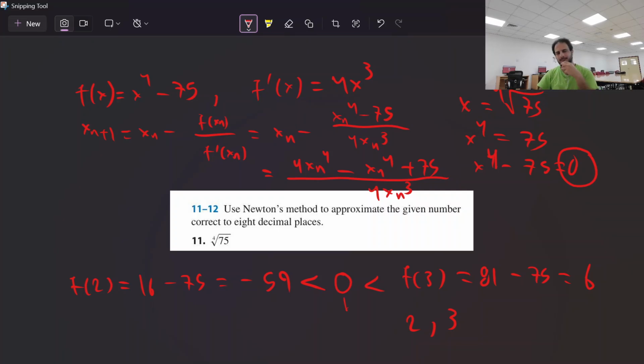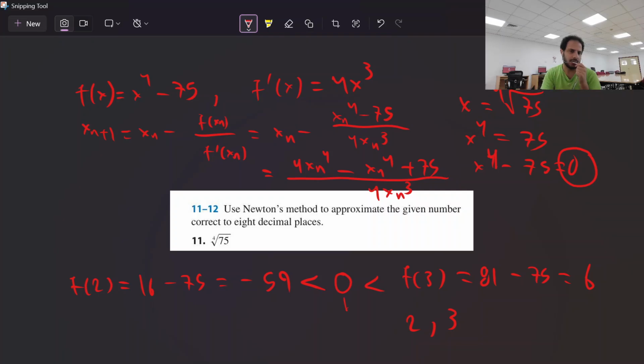The solution is between 2 and 3. I told you before that you need the value to be close.